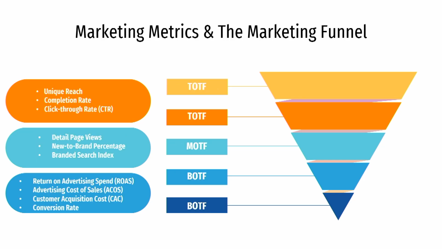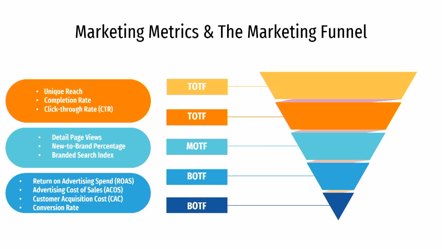So, let us try to have a look at the examples at different hierarchical phases of the funnel. When we talk about the top of the funnel, the popular marketing metrics are unique reach. Unique reach means how many unique individuals have seen the post.